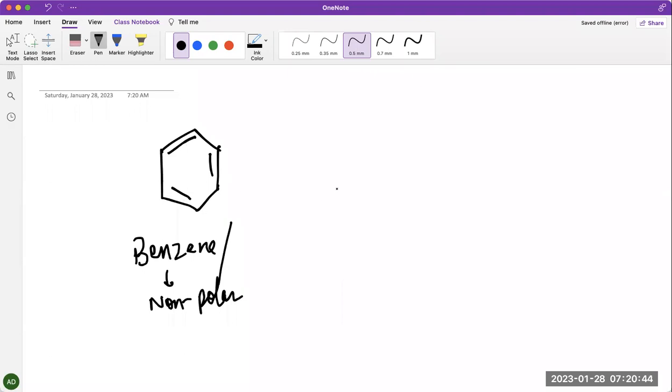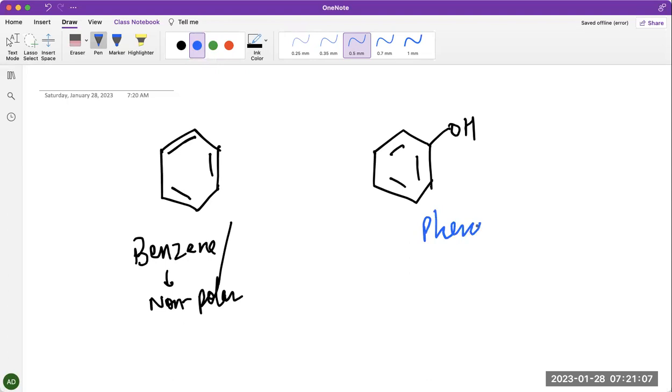So this right here is benzene. Now, on this benzene, you can actually put an OH. If I put the OH on the benzene, this is a very, very common molecule. This molecule is called phenol, and you want to remember that name.